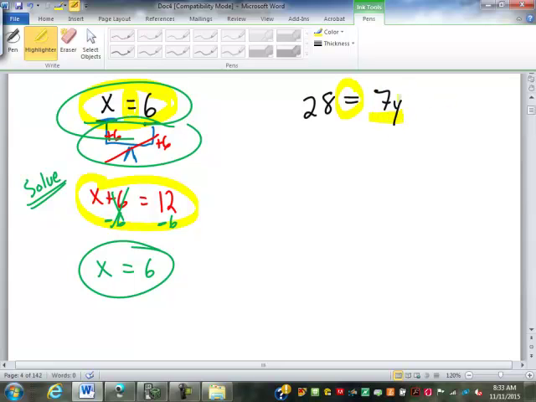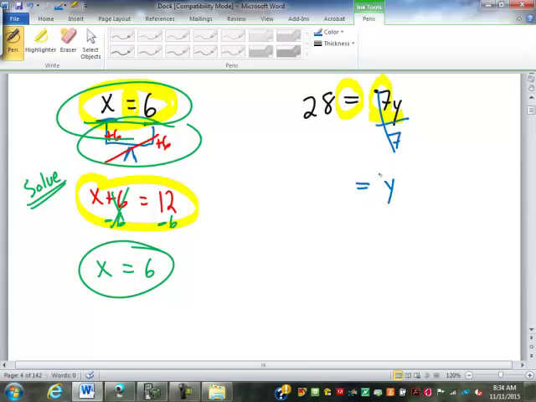In this case, the variable is on the right side of the equal sign. Then we ask ourselves, what's keeping that variable from being by itself? Right now it is the 7. It's keeping y from being by itself. What operation was used to combine that 7 with the y? It was multiplied. So how would we take it off? We would divide.